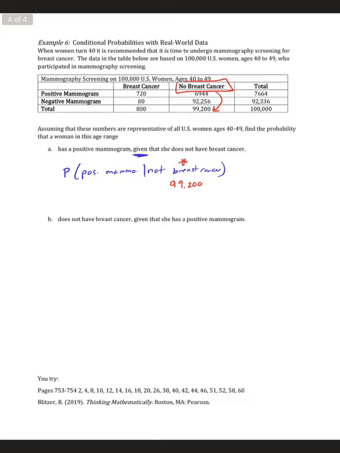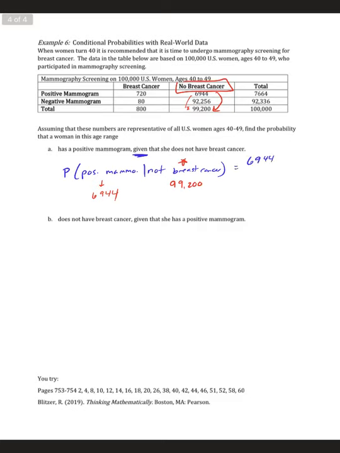So now we say, okay, of those 99,200, how many of them had a positive mammo? And we'd say, okay, of those, the positive was the 6,944. Again, we use our event B as our numerator here.